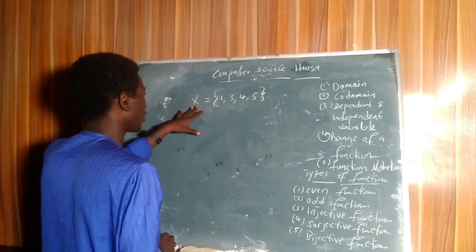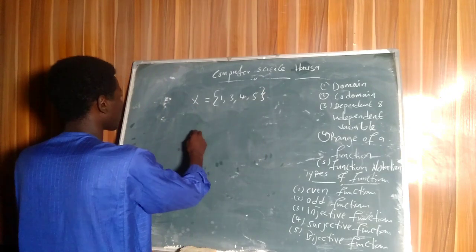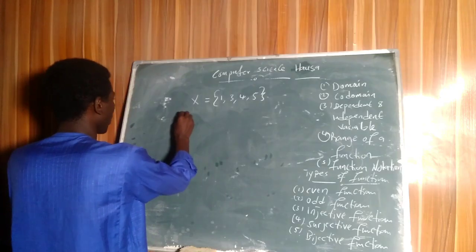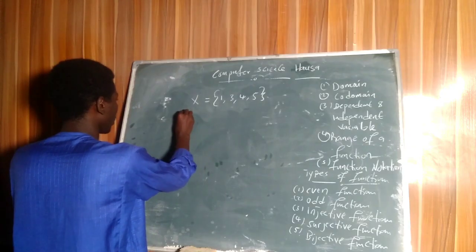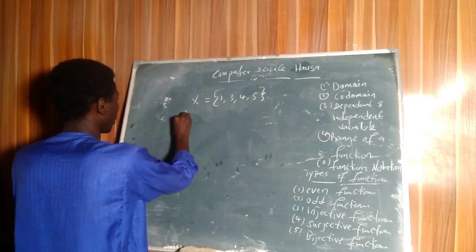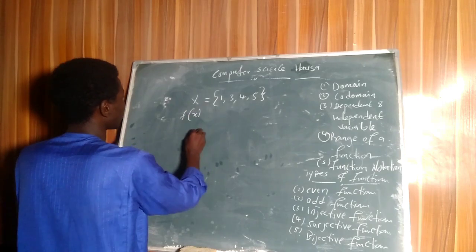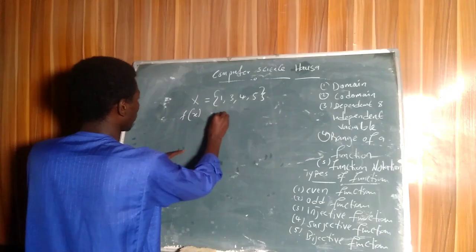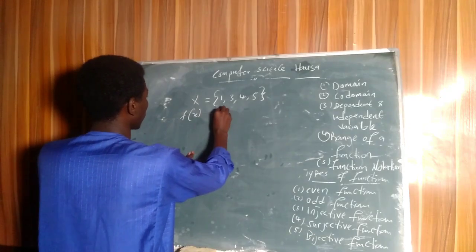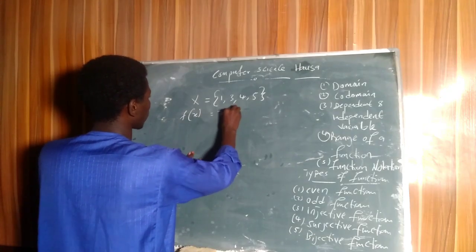Let's say wannan shine set of input, and I am given a function. Wannan function ɗin, let's call the function f of x. Wannan shine function ɗin, aka ce is equal to what? Is equal to x squared plus 1.